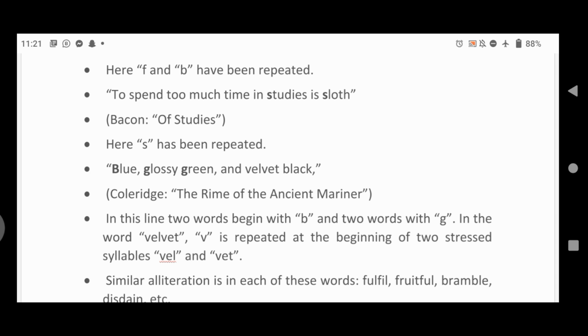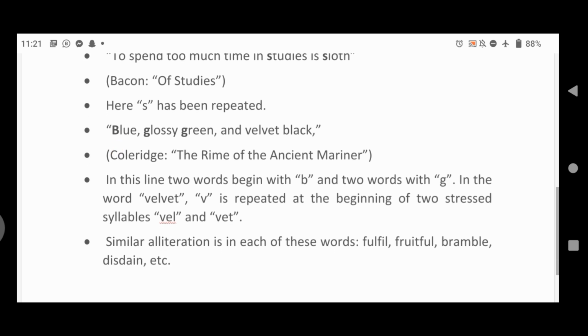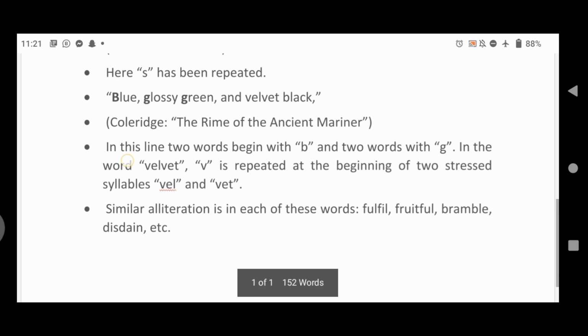In these two lines, two words begin with B, as you see, and two words begin with G. In the last word, that is velvet, we see the repetition of the sound V, of the letter V. So, two syllables, vel and vet. Velvet, vel sounds with V and vet sounds with V. Thus it becomes an example of alliteration.